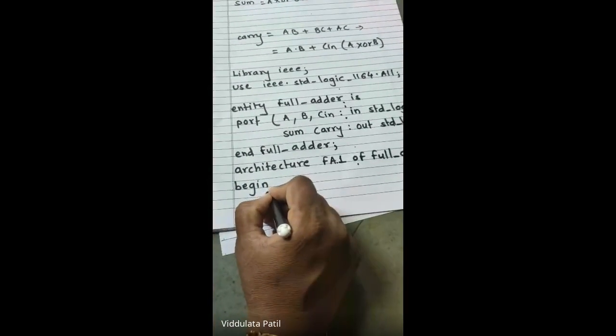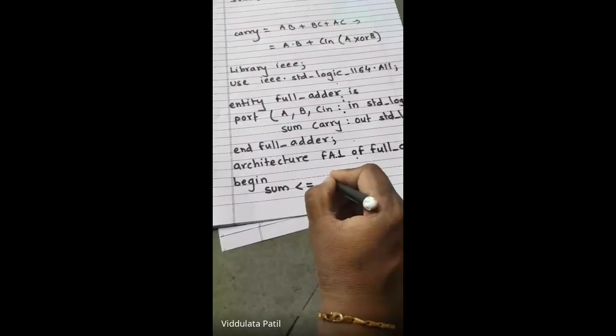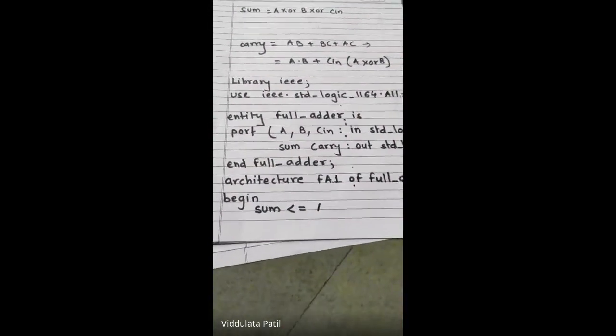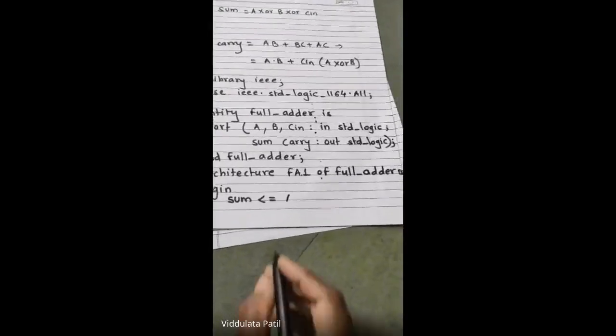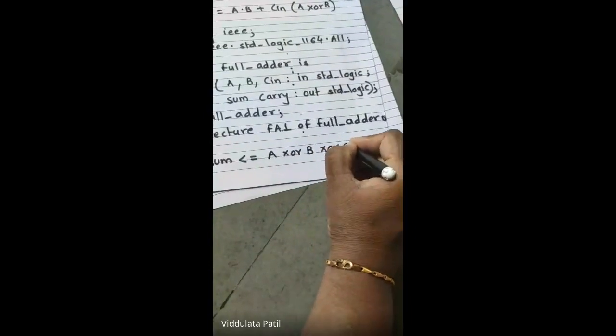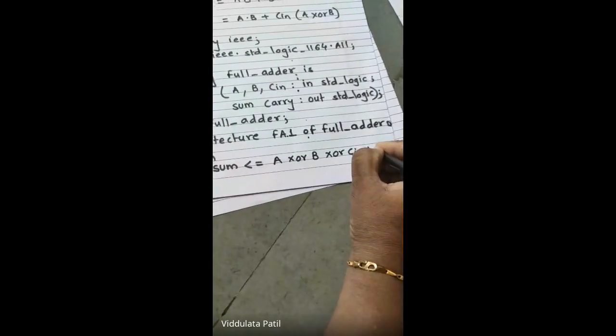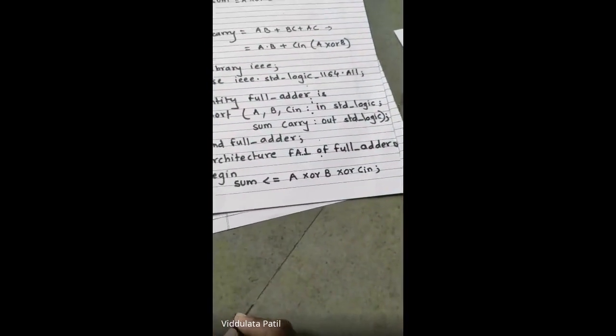Now here, sum will be assigned to, what is the Boolean expression that we are going to use for sum? A XOR B XOR C_in. We have used it as C_in, so we will write C_in and then semicolon.